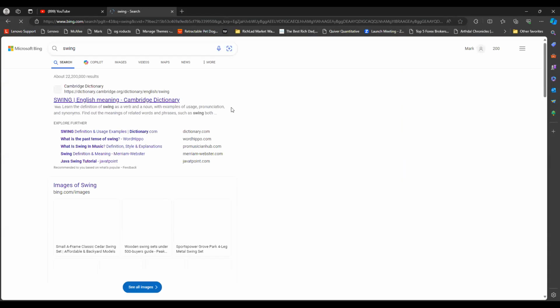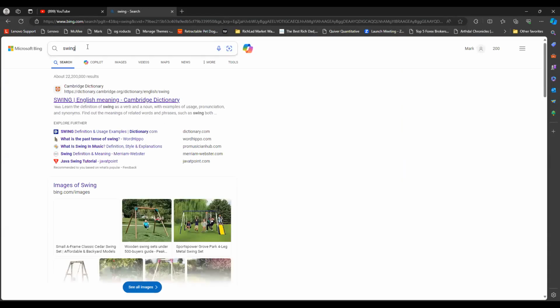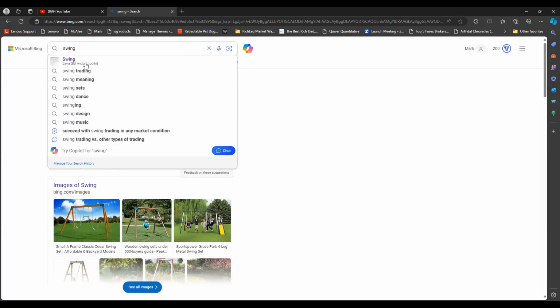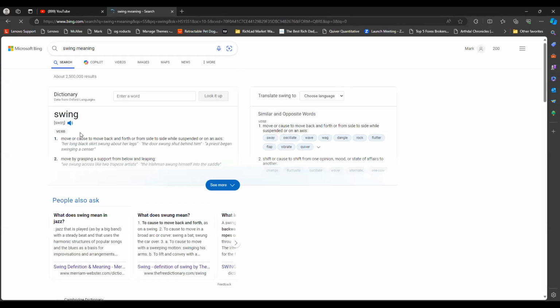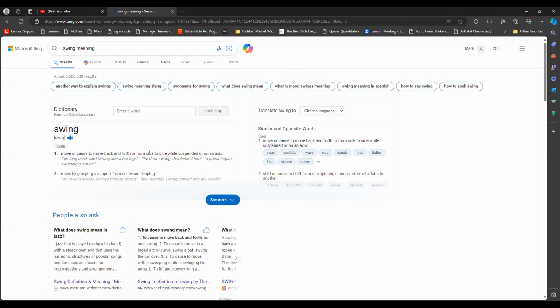So what's a swing? A swing move occurs to move back and forth or from side to side while suspended on an axis. The second definition: move by grasping the support from below and leaping. So it's kind of like a curve. That's what swing points literally mean.